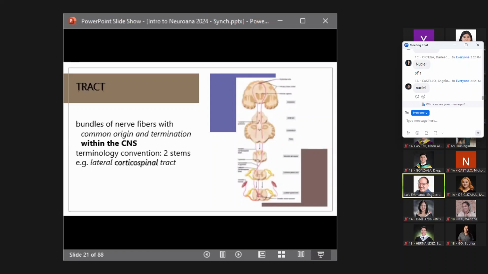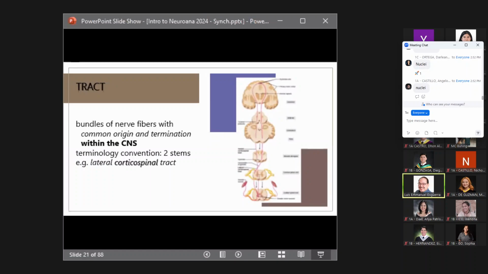So for example, when you say lateral corticospinal tract, the corticospinal is made up of two word stems. The first word stem is cortico. It refers to the cerebral cortex. So that means that's the origin. That's where the tract starts. That's usually where the nerve cell body is.